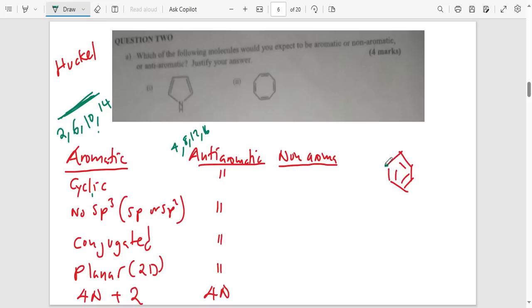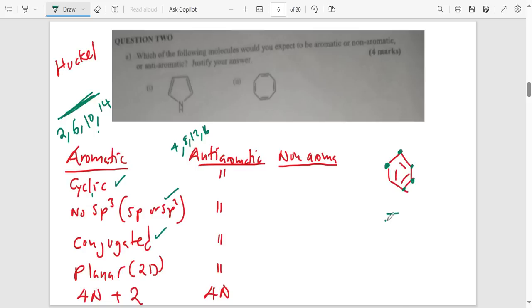If you look at each carbon, this carbon is only bonded to 3 things, this carbon also, this carbon also. So this molecule is cyclic, and because each is bonded to 3 things, it is sp2 hybridized. And you can see the bonds are alternating, so that is conjugated. And the molecule is going to be planar.